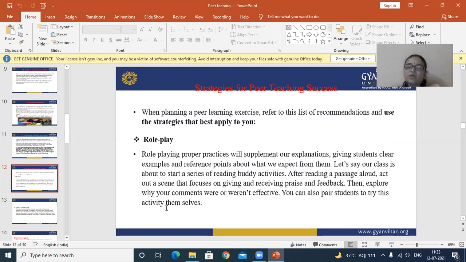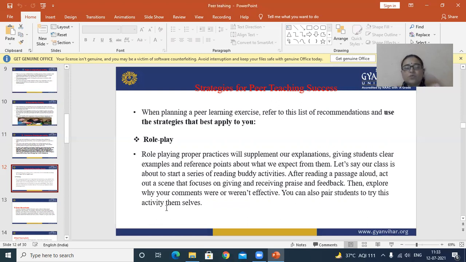Let's say our class is about to start a series of reading buddies activities. After reading a passage aloud, act out a scene that focuses on giving and receiving praise and feedback.